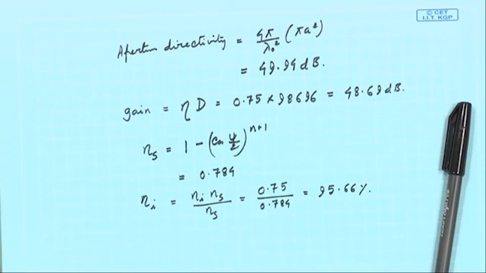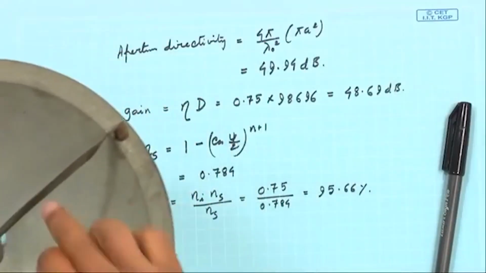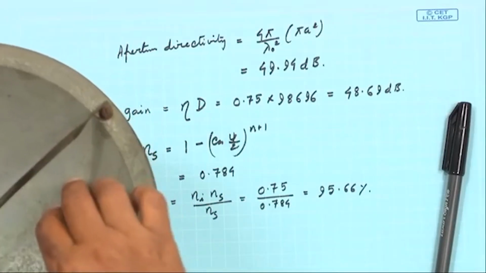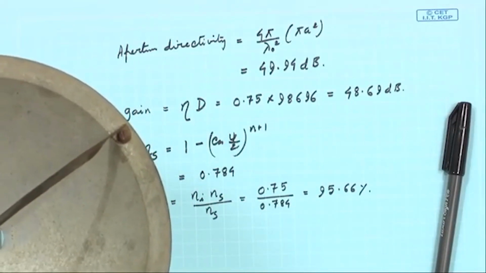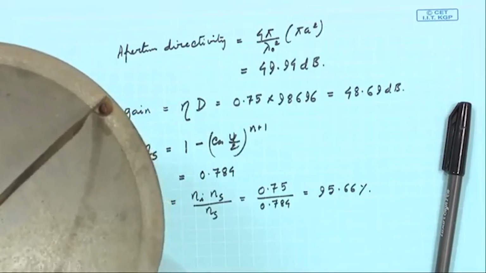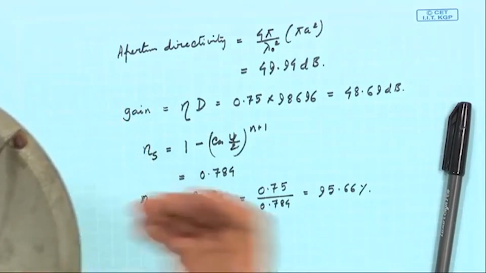Okay. Now, there will be other efficiencies also which we have not said. One of that is the surface roughness. Actually, this surface, you see here the rays are coming. If the surface is rough, then there will be some error, because here we are assuming that the rays are regularly reflected, but due to the surface imperfection there will be scattering. So, that is specified in terms of surface error.